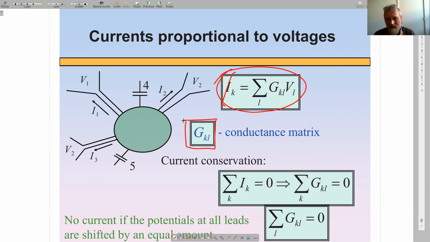The first law is current conservation. Whatever voltages you put in, the sum of all currents going from the structure should be zero. That implies that summation of this matrix over the first index should deliver you zero.